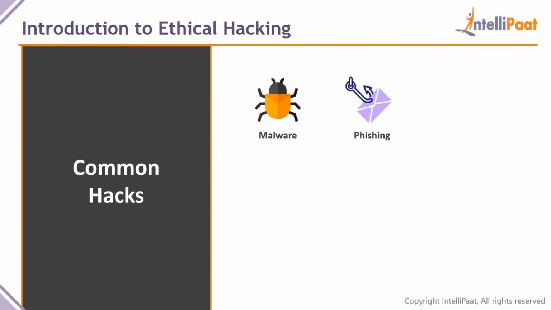Then we have phishing. Now, this might not be as prevalent today based on the security measures deployed by websites. Essentially, phishing is a way where you manipulate the target into revealing their own login credentials or information. For instance, you can send a target a fake link like facebook.xyz instead of facebook.com.